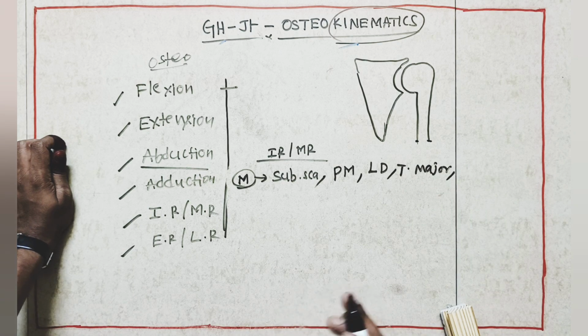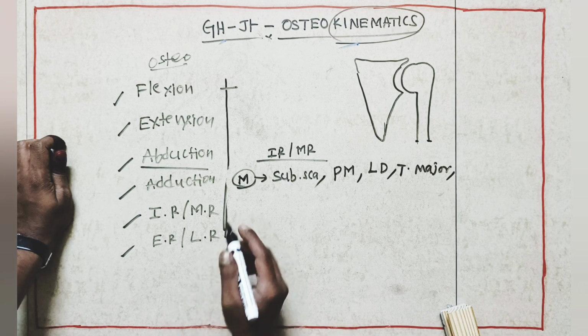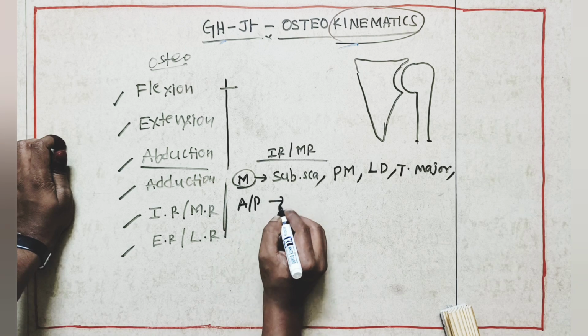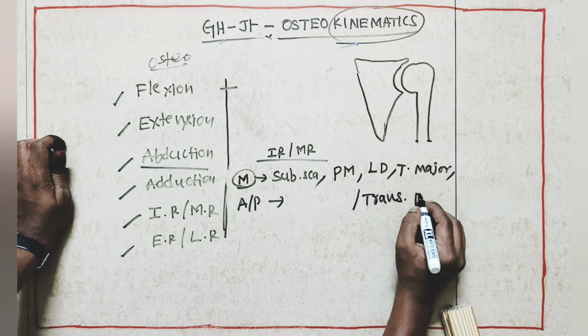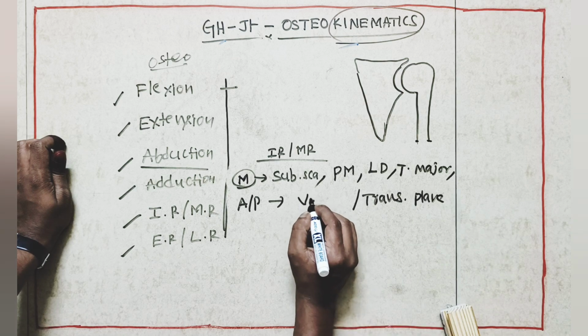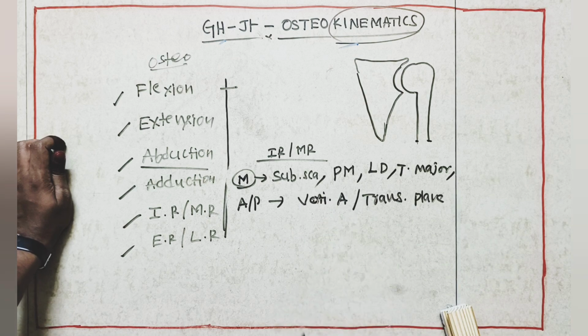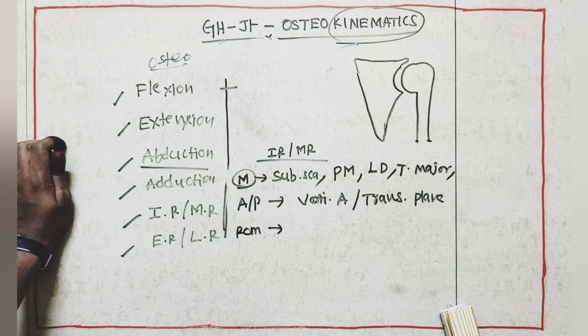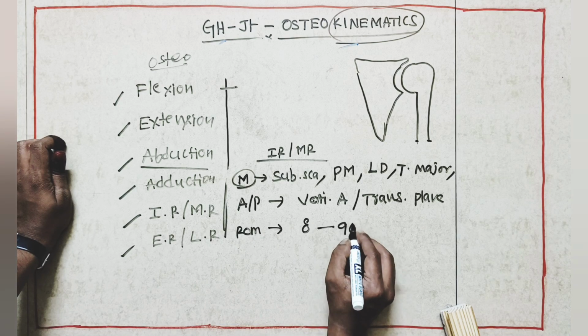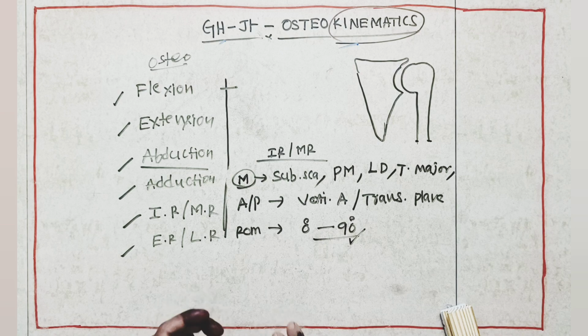These muscles are responsible for internal rotation. Then axis and plane. This movement happens in the transverse plane and vertical axis. And the normal range of motion is 0 to 90 degrees. This is about internal rotation.